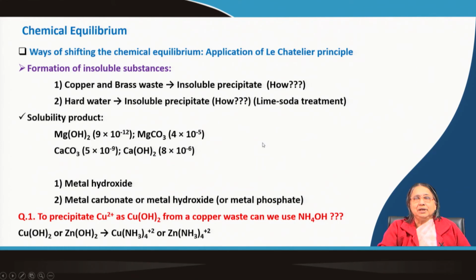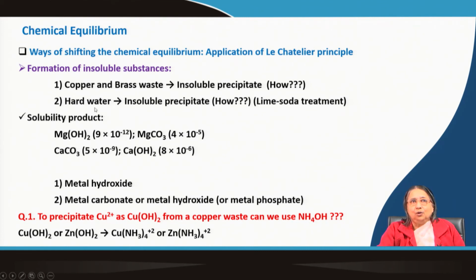That is why you know that to remove the hardness, we use the lime soda treatment. What is lime? Lime is calcium hydroxide and soda is sodium carbonate. So, lime soda treatment means we are supplying both hydroxide as well as carbonate ion to remove the magnesium or calcium ions in the appropriate way. Okay.